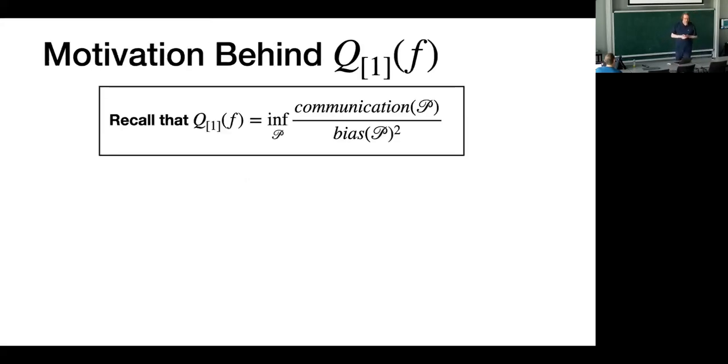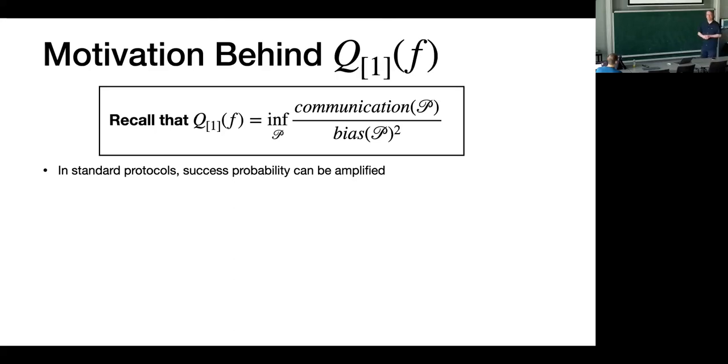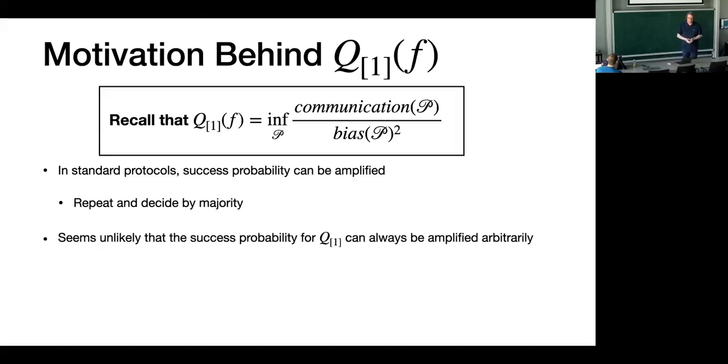So why did we define it like this? It is well known that in typical modes of communication complexity that have error, like quantum communication complexity or randomized communication complexity, you can amplify success probability by repeating and making a majority vote. And then you can go from constant to any epsilon by a factor log 1 over epsilon.